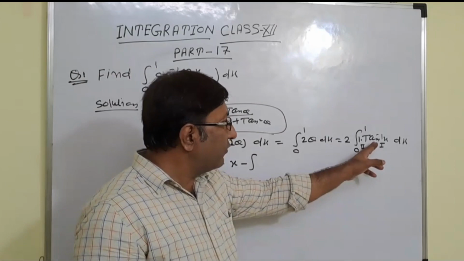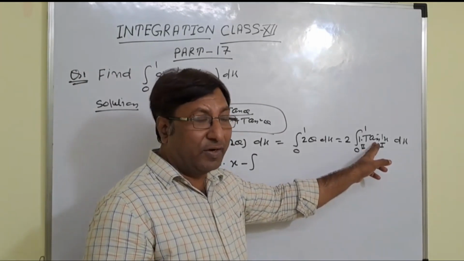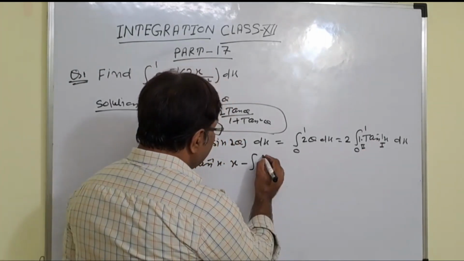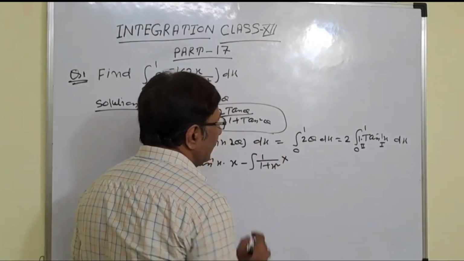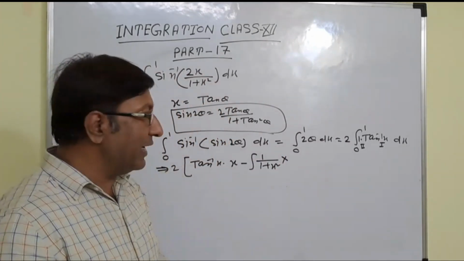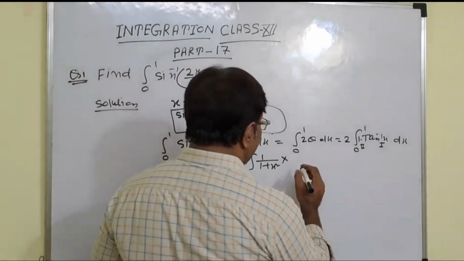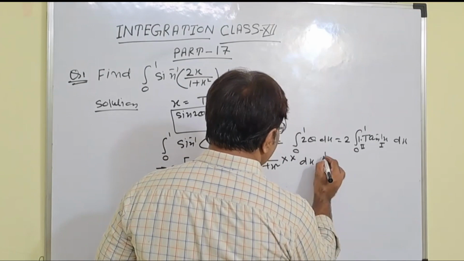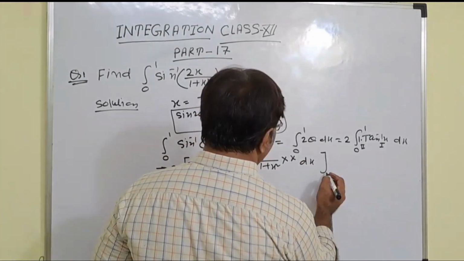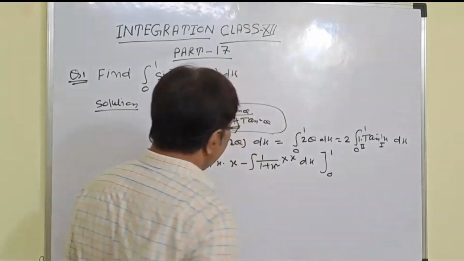So the derivative of tan inverse x, you know, is 1 by 1 plus x square, into the integration of second, that is 1, whose integration is x, and then this is dx. The limit is given, that is 0 to 1.